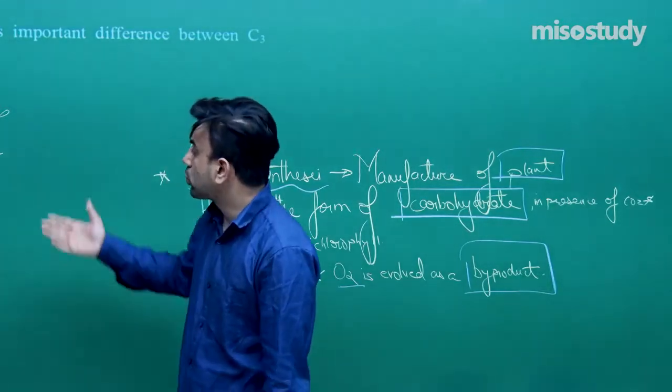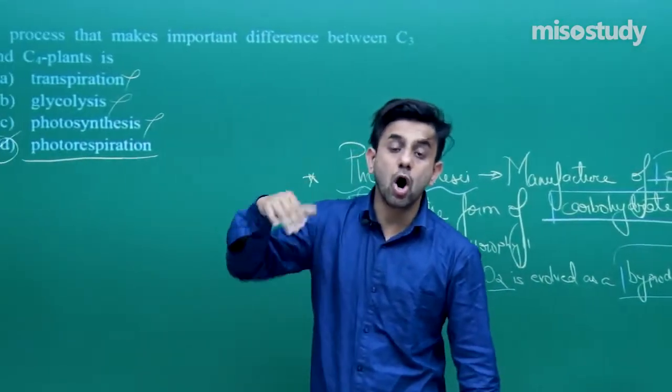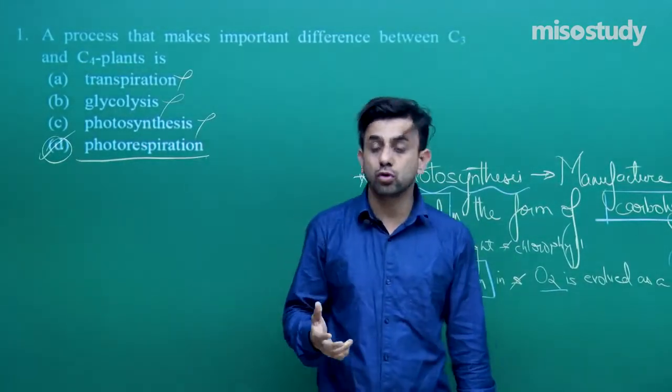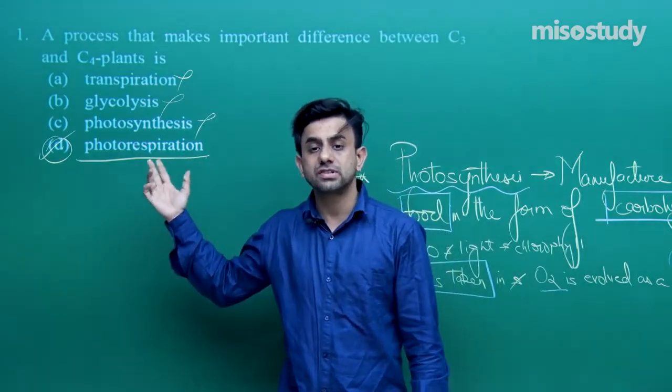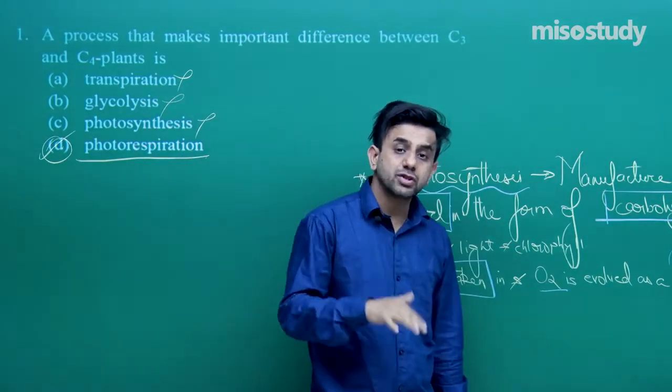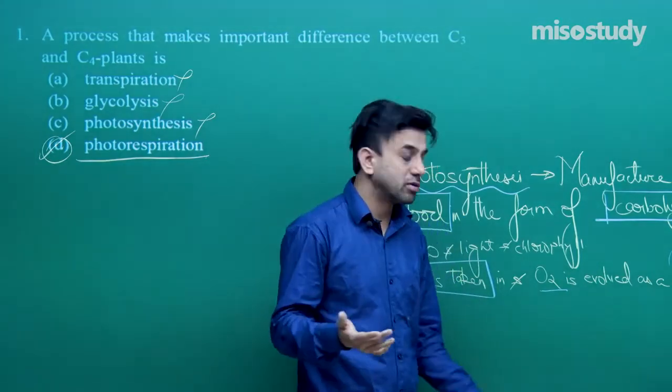However, what is photorespiration? Photorespiration is opposite. Why did I tell you about photosynthesis? Because it is the opposite. What happens in photorespiration is that the oxygen will be used up and carbon dioxide will be given out.